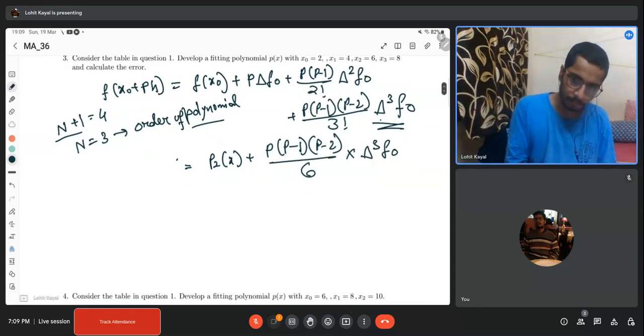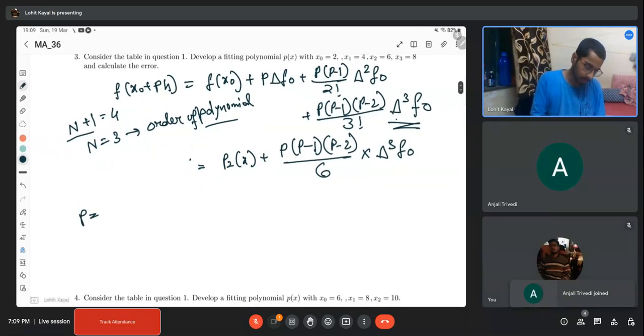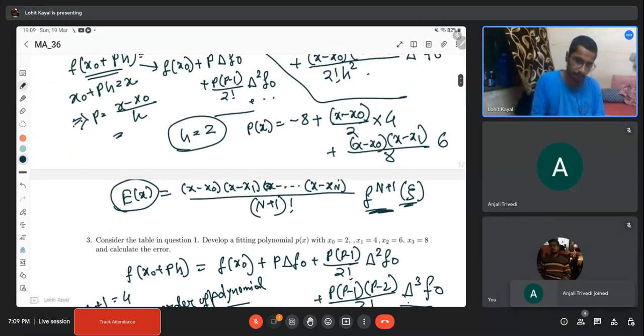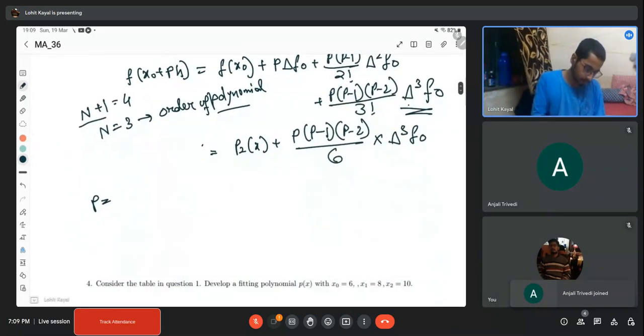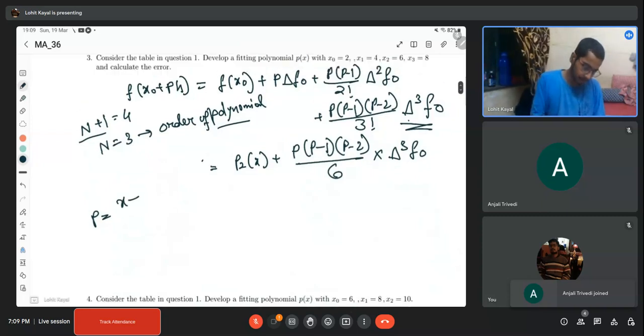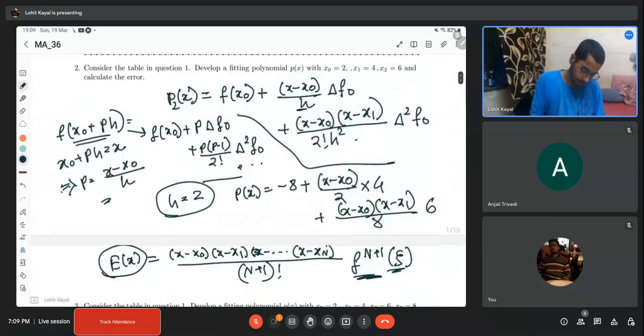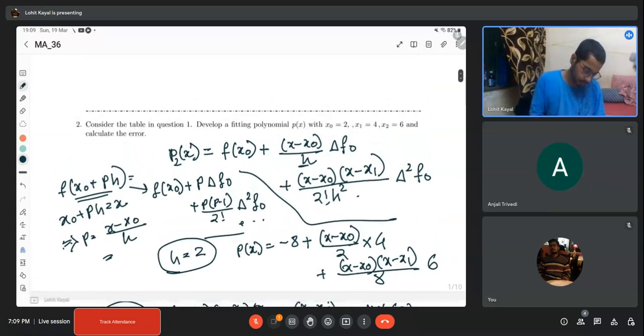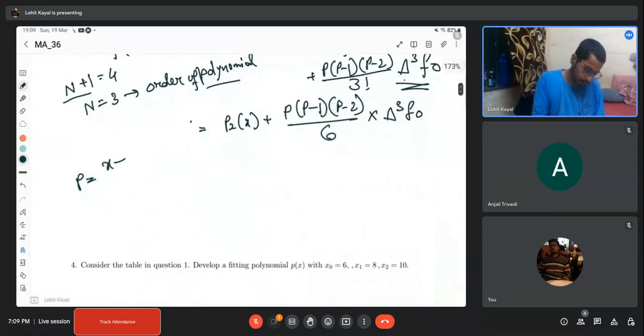Now what is the value of p here? We know p equal to x minus x naught by h. So what is x naught here? X naught here is 2. So x minus 2 by h, and h is again 2.